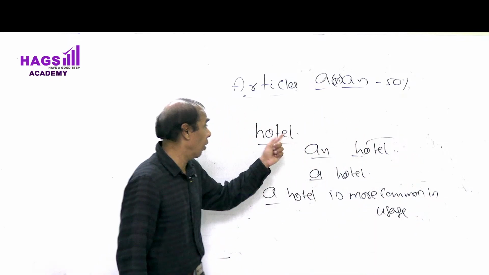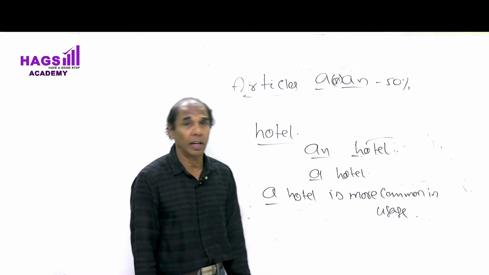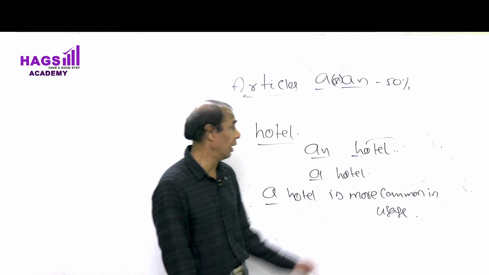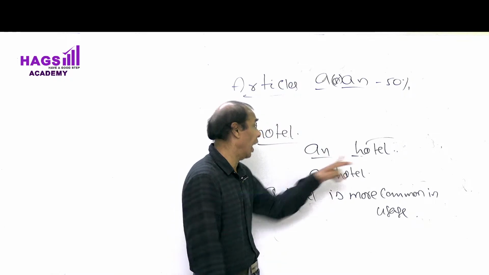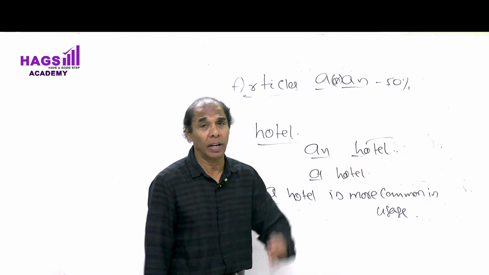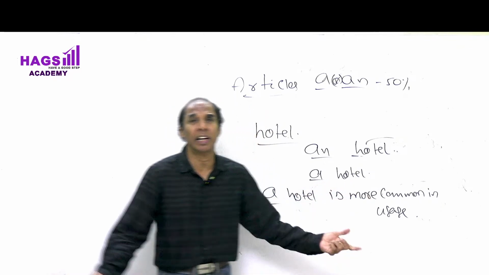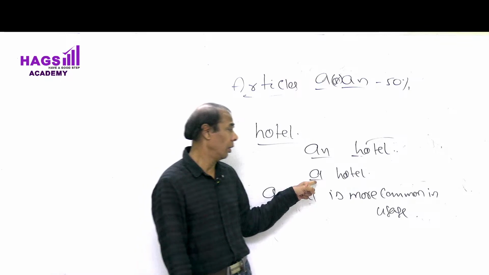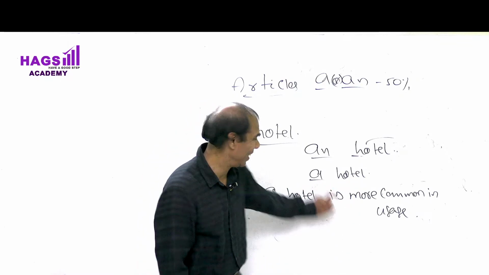If the word hotel is given in the exams, a hotel is more common. But don't think an hotel is wrong. This is also correct. But for competitive exams English, give preference to a hotel. Why take unnecessary risk? So cast your vote in favor of a hotel. Okay? You are done.